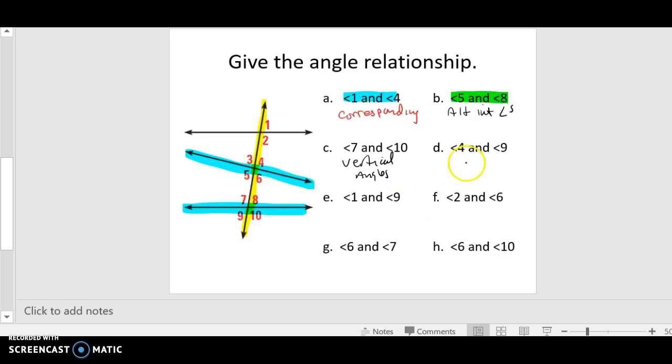They're both exterior, so these are alternate exterior angles. When I look at 1 and 9, 1 and 9 will use this line and this line, and those are alternate exterior.